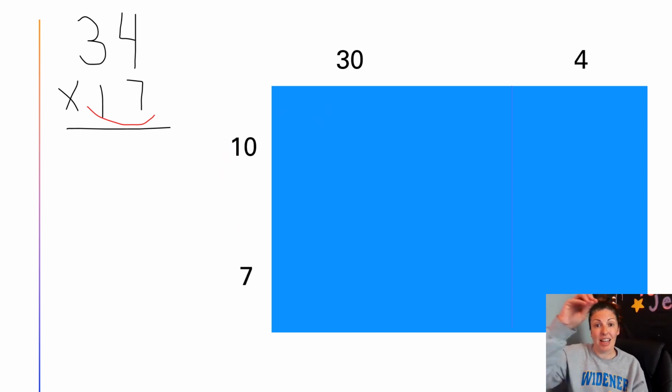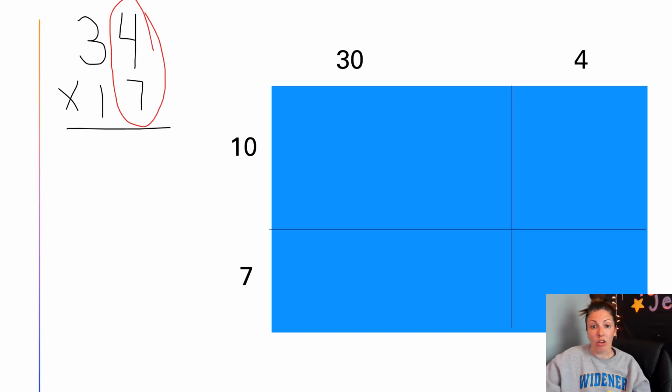I'm just going to put my 10 up at the top, my 7 down at the bottom, and then just like I did with my 30 and my 4, I need to separate my 10s and my 1s. So I'm just going to draw a line horizontally across, just like that.